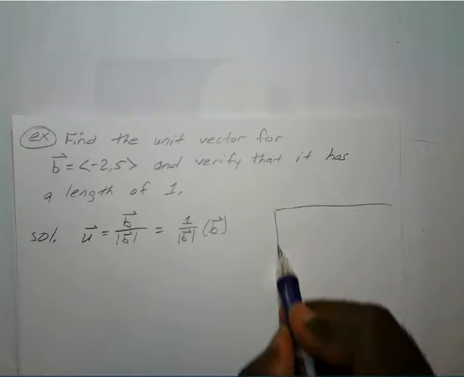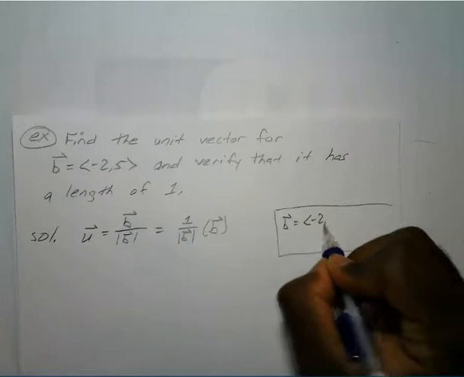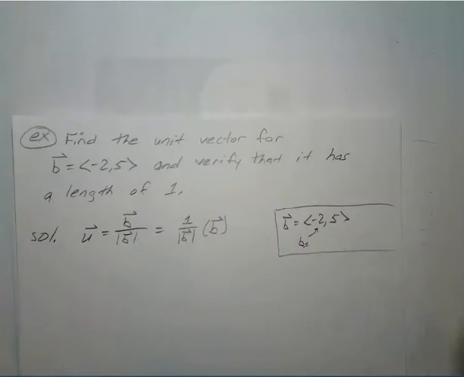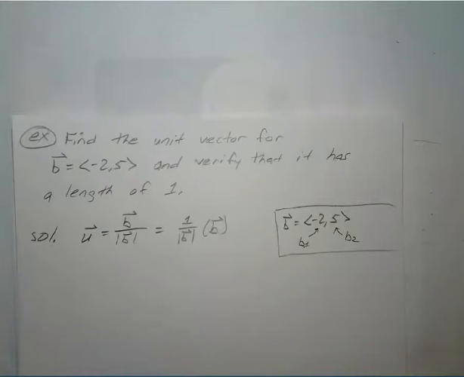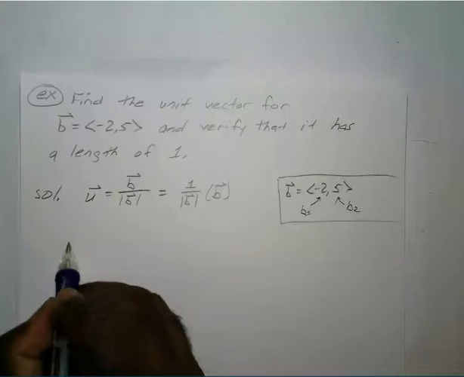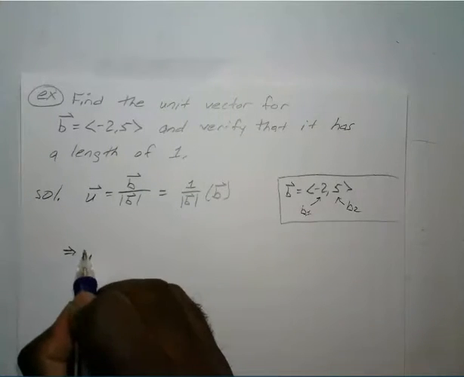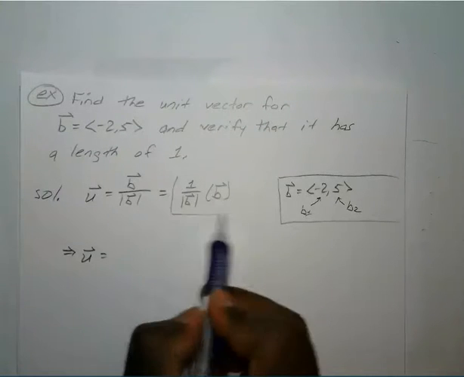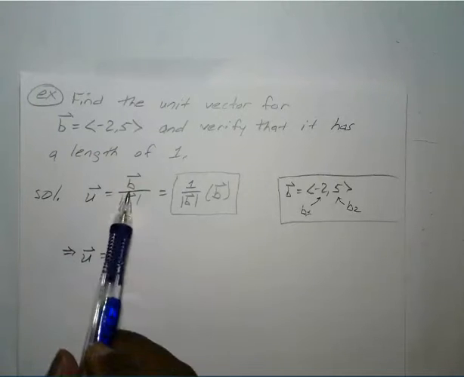Our b vector is equal to negative 2, 5, that's our first component and our second component. We'll use this form because it's a little bit easier to work with, at least for me. If you want to use the other one, that's perfectly okay.